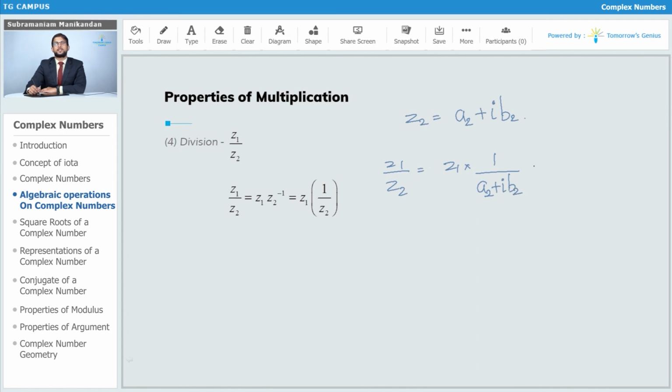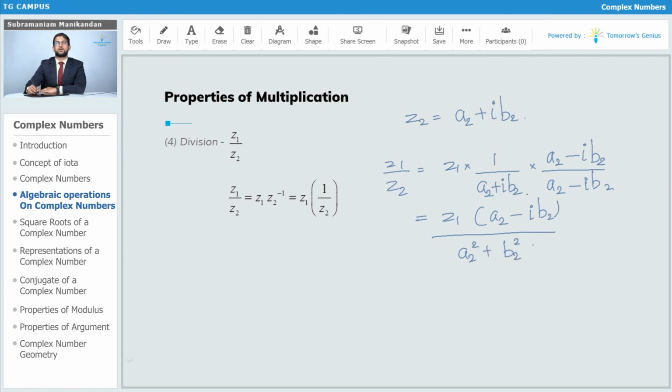So therefore this is equal to a2 minus I times b2 divided by a2 minus I times b2. So therefore this is equal to z1 times a2 minus I b2 divided by a2 square plus b2 square.